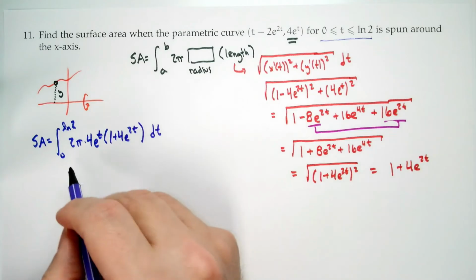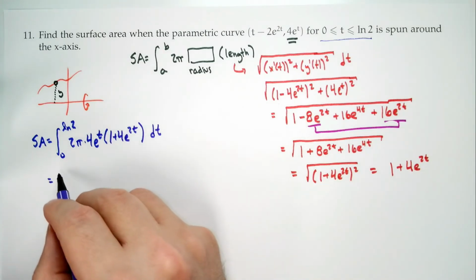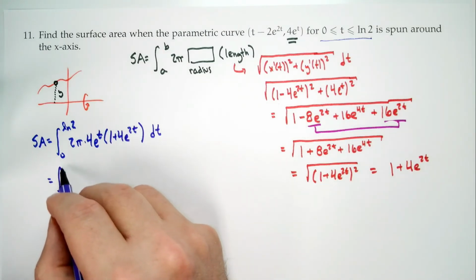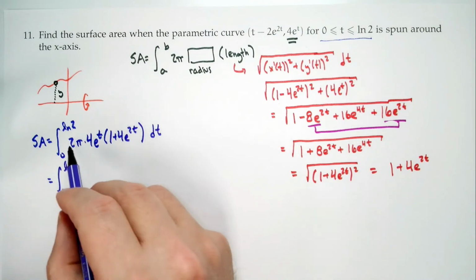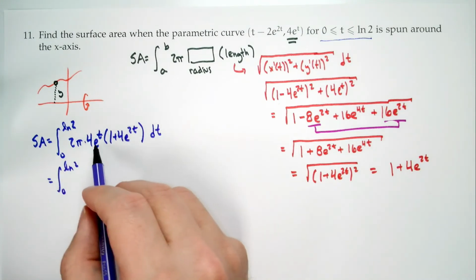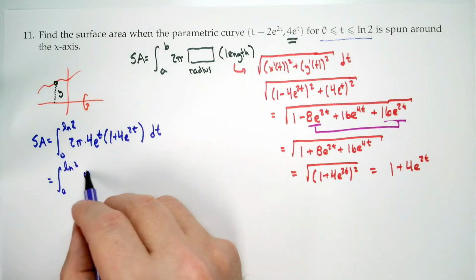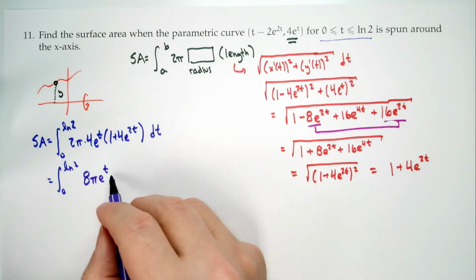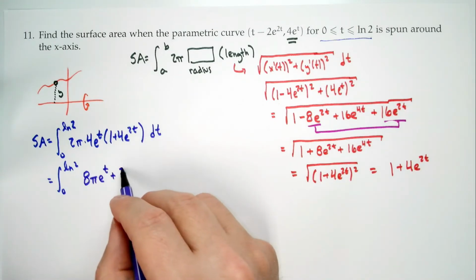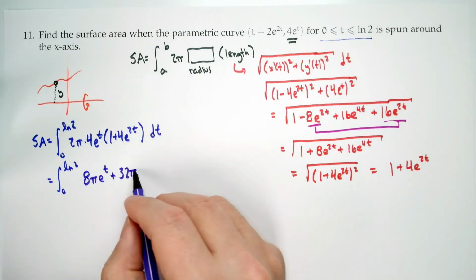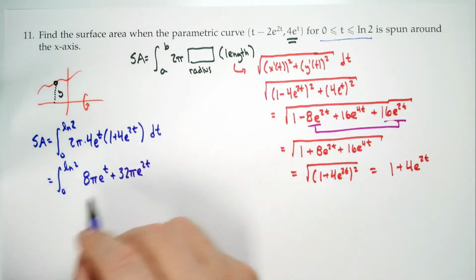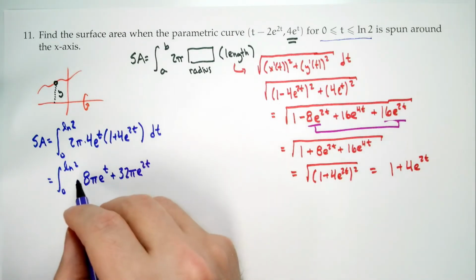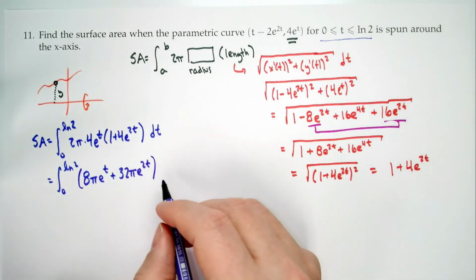So, let's multiply this out. Let's see what we get. So we get 0 to log 2. 2 pi times 4 is 8 pi. And then there's an e to the t, multiply it through. So the first term is 8 pi e to the t. And then plus, oh, big number, 32 pi e to the 2t. Probably shouldn't have multiplied the 8 pi through, but, well, we were in a moment of passion, right?